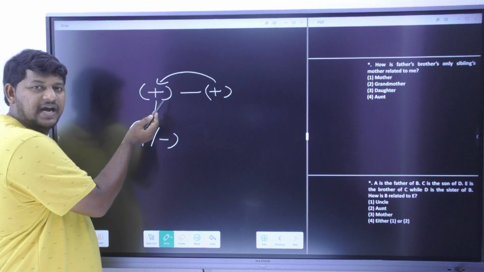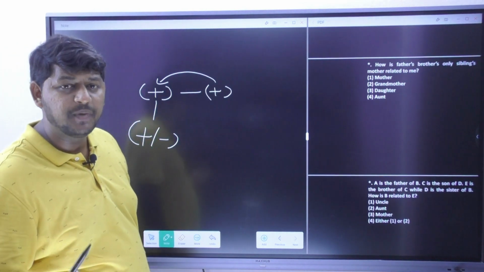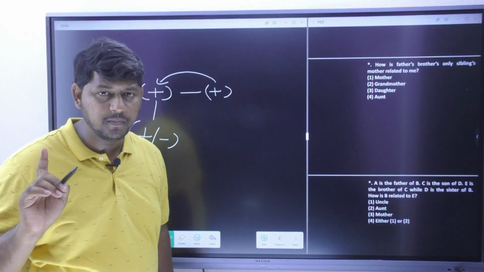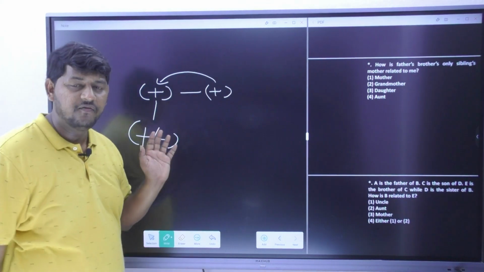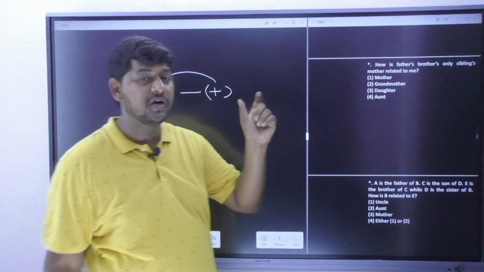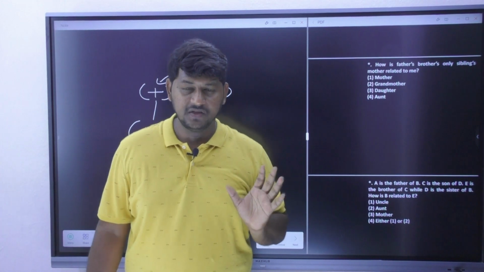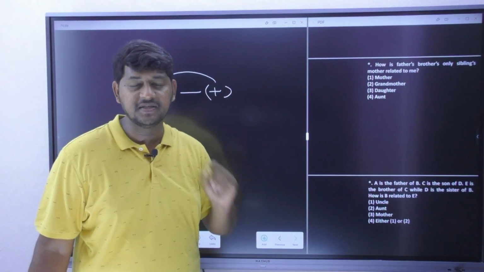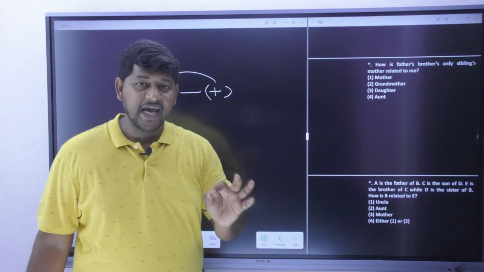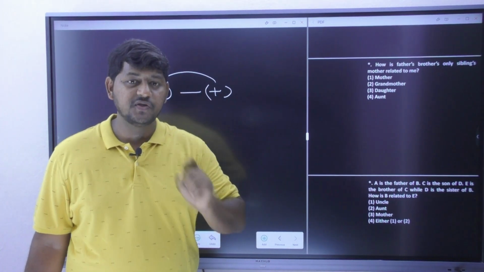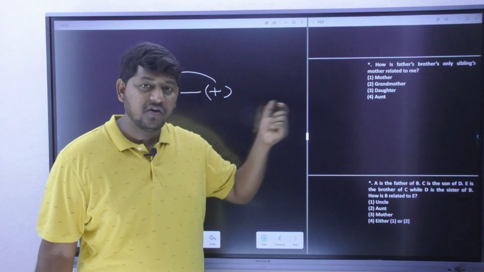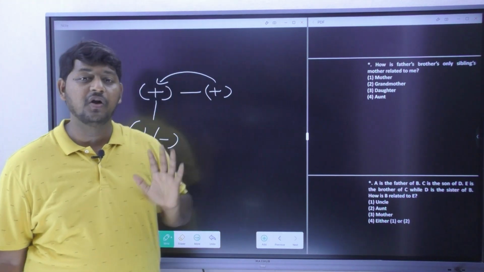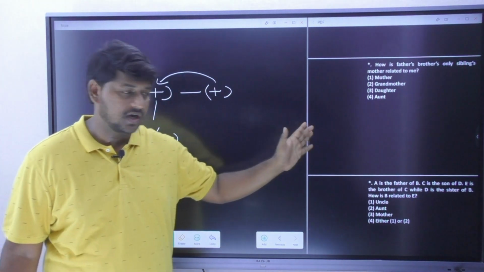Only sibling, again, sibling could be either male or female. I already told you in the basics, sibling could be either male or female, but it is using a keyword called only. This is also a very important keyword in quantitative aptitude as well as in reasoning. Only eliminates the possibility and gives you clarity. Due to lack of this keyword, you are going to have a lot of possibilities in future questions.